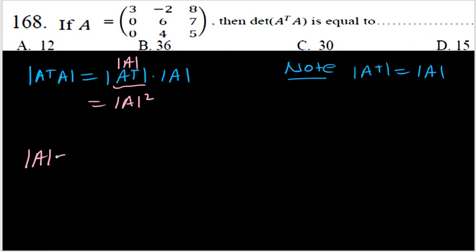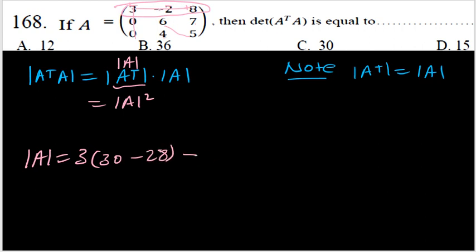The determinant of A is equal to, since the matrix A is given, we can choose the first row and the first entry plus, then minus, plus. Then 3 in bracket, first column and first row will be cancelled. Then 6 times 5 is 30 minus 4 times 7 is 28.